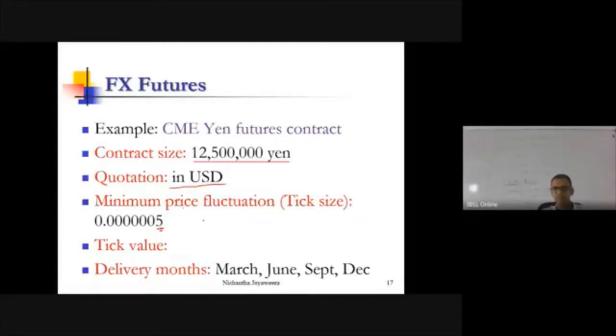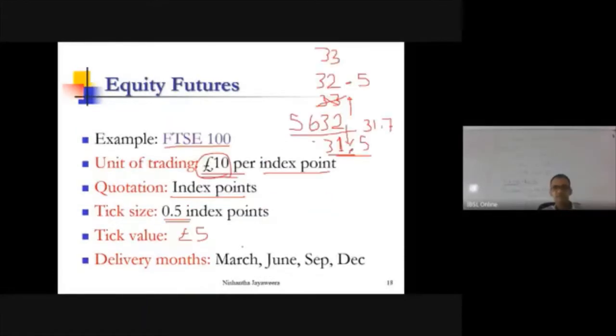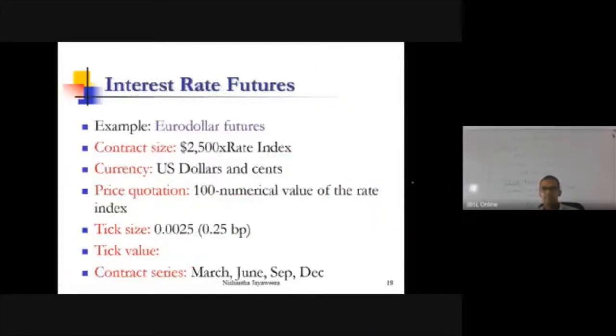If the tick size is given, what is the tick value? Unfortunately, in Sri Lanka, we don't have any futures contract, so we have to go by these international examples. So you may need some knowledge on these markets.